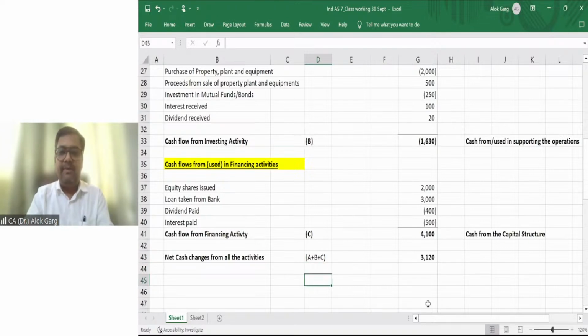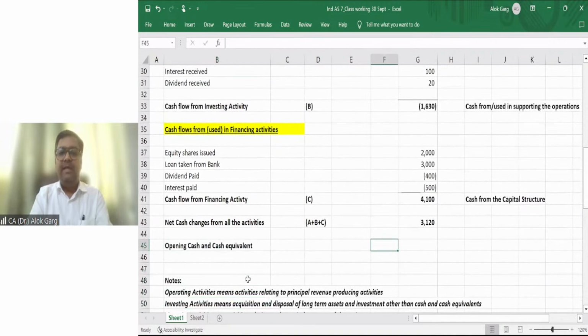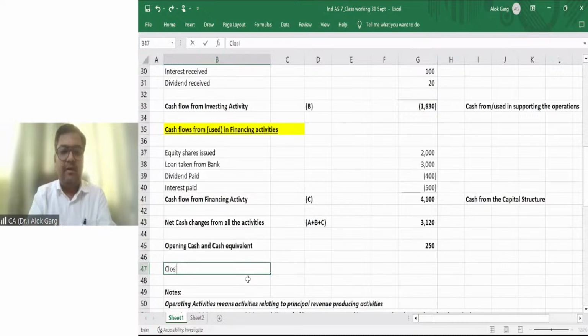And friends, for example, this is your opening cash and cash equivalent. Your opening cash and cash equivalent is, let's say, 250 crores. So your closing cash and cash equivalent should be how much?